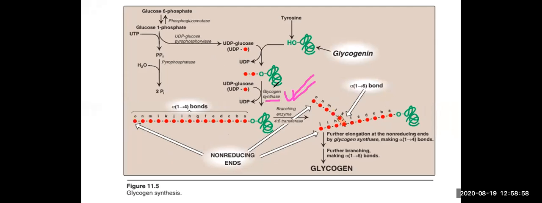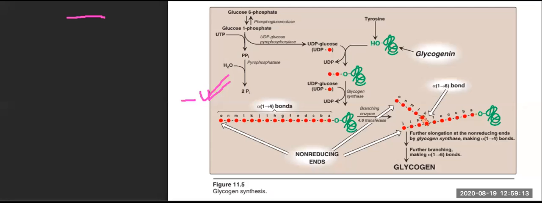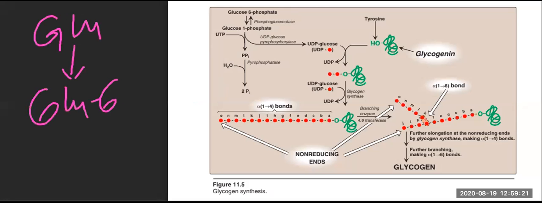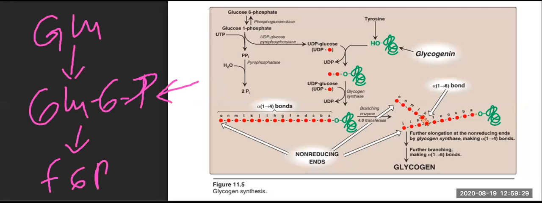So this cycle is starting from your glucose 6-phosphate, a component of your glycolysis. If you remember from yesterday's lecture, we have glucose, and then this glucose was converting into glucose 6-phosphate, and then this was converting into fructose 6-phosphate. But this glucose 6-phosphate was also converting from glucose 1-phosphate.